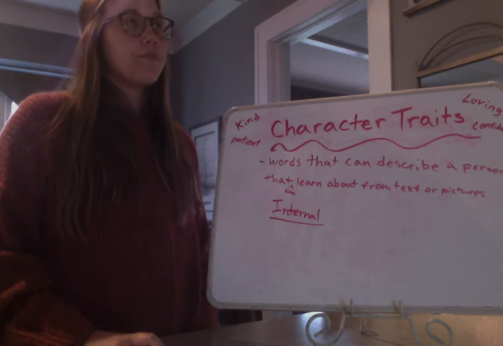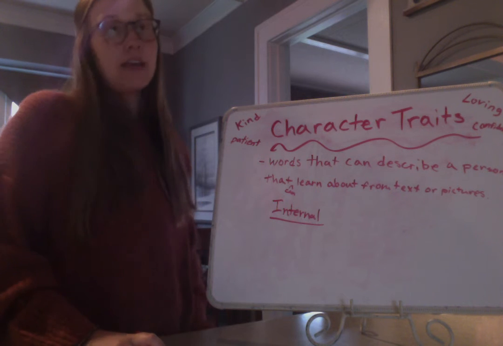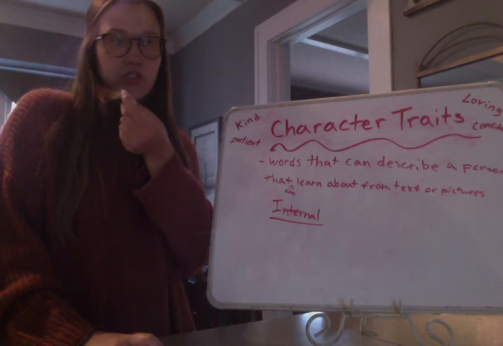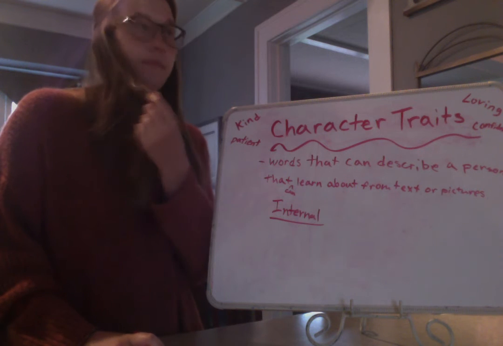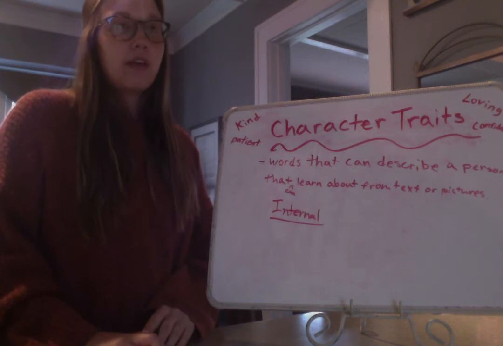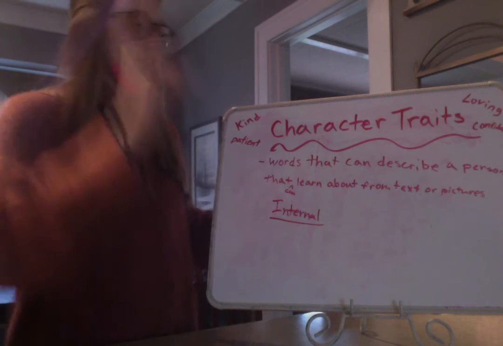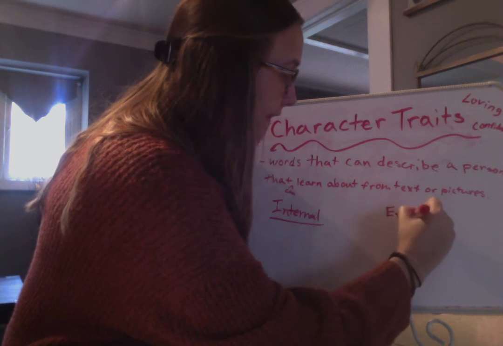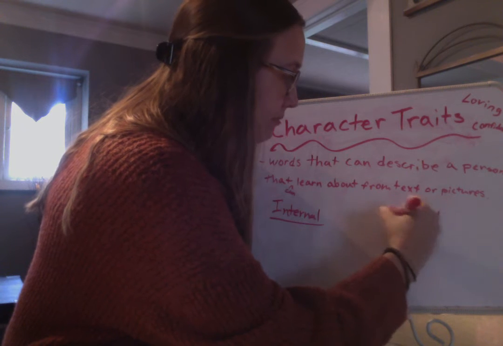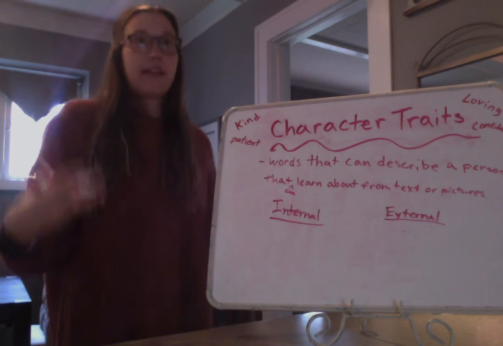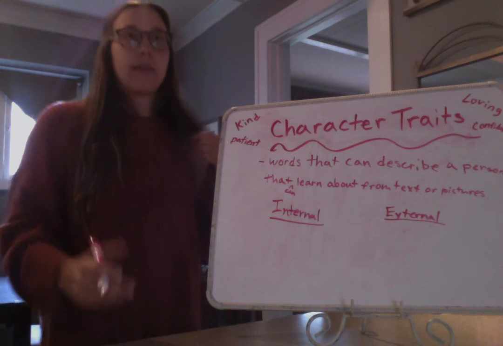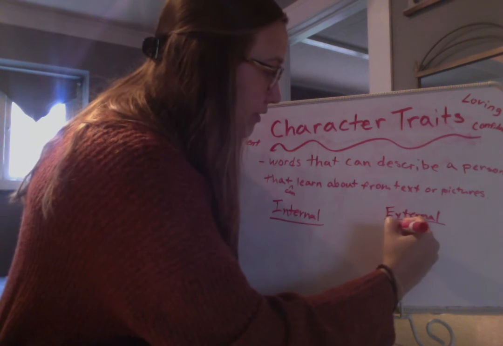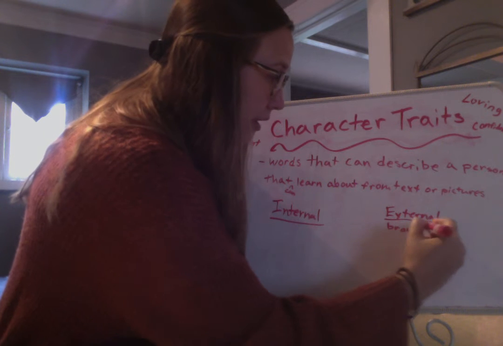What about, for example, one of my character traits: I have brown hair. Miss G has brown hair. What would that be? This is the external. Yes, good job. External, or kind of the outside of me, right? That's not on the inside. My brown hair is on the outside. You can see it, okay?